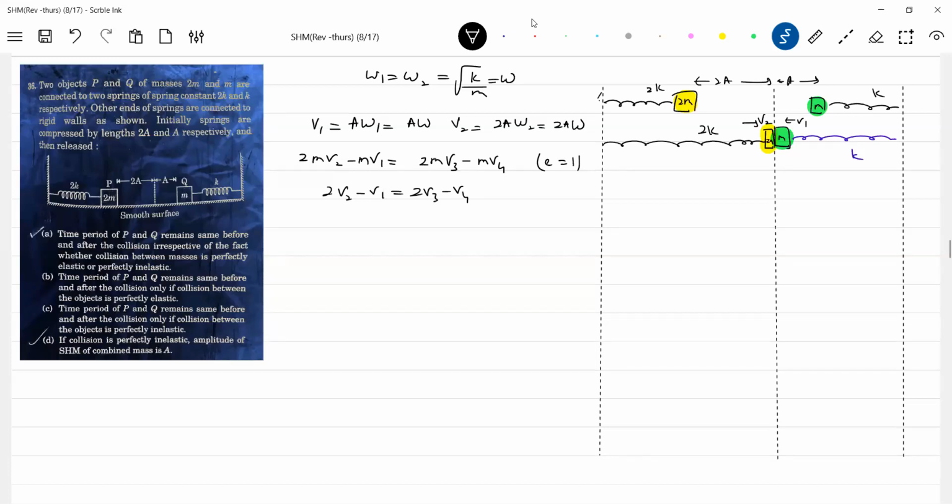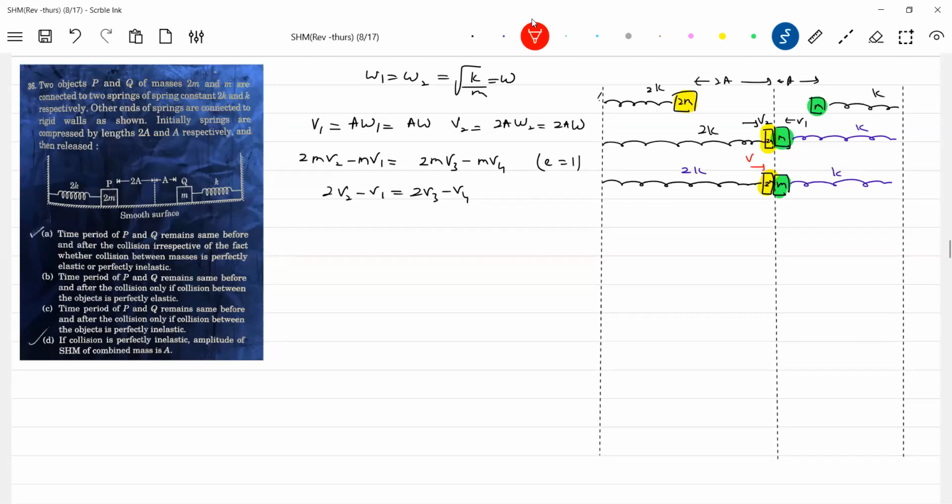Equal to 1 after collision. So I'll assume that. Okay, these are the velocities I assumed.